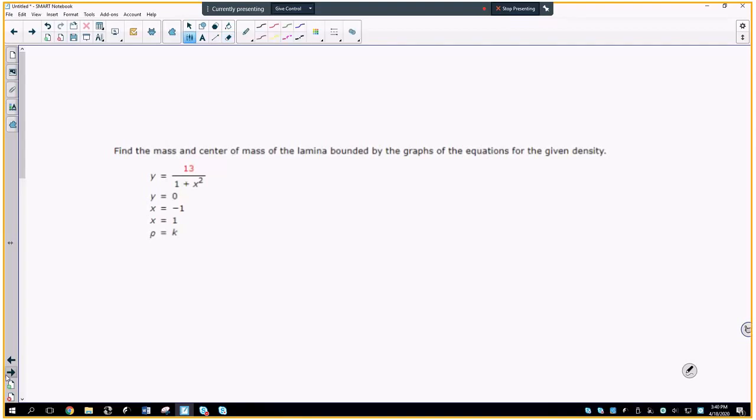So I want to know how the graph of y equal to 13 over 1 plus x squared is going to look like. Remember, this is a rational function. This rational function has the domain of all real numbers, so I can say that it's negative infinity to infinity for the x values. It is symmetric about the y-axis, so it's an even function.